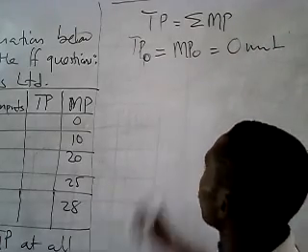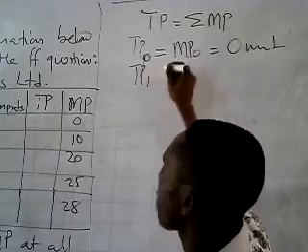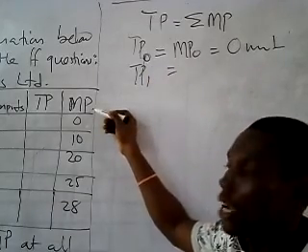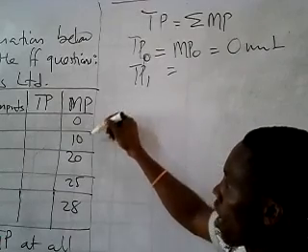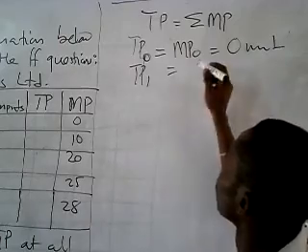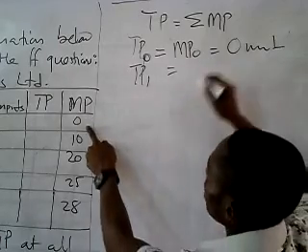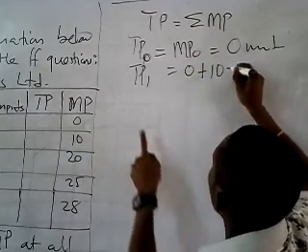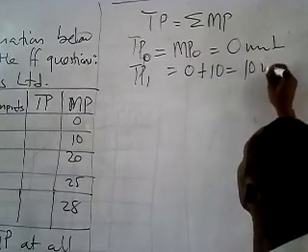Good. Now, total product 1 is going to be the summation of marginal product from 0 up to the first unit of the variable factor employed. So we are going to add 0 plus 10. Then we shall get 10 units.